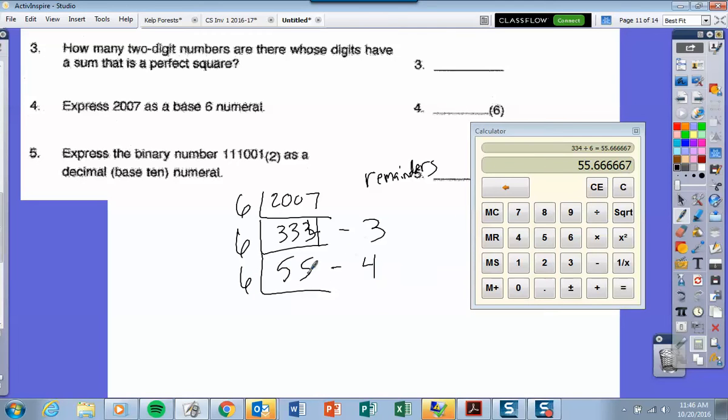And if I can divide 55 by 6 again, I'm going to get 9, remainder of 1. And then I can divide again, and I get 1 with a remainder of 3.